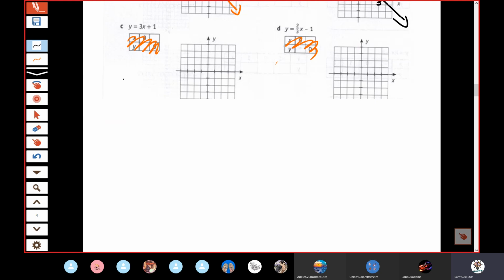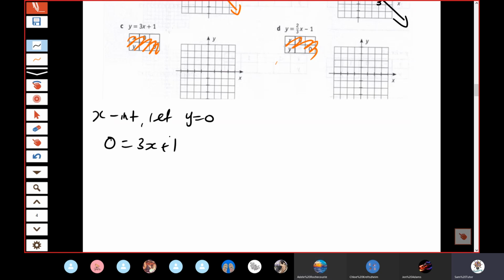Again, to do C, to find my x-intercept, you would let y equal to 0. So this bit here, y needs to be 0. So if 0 equals 3x plus 1, I need to solve for x.